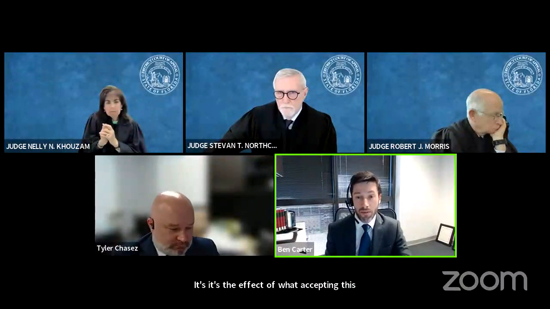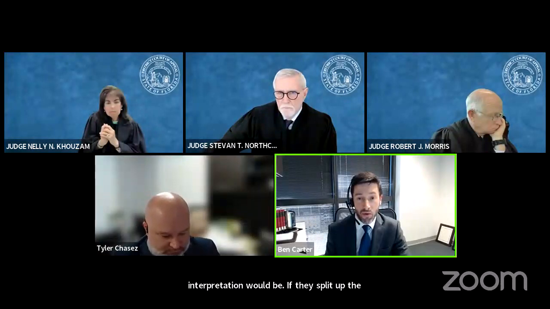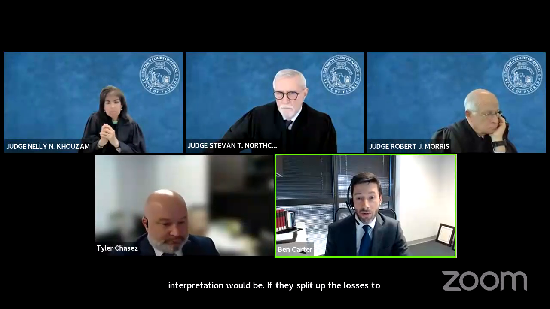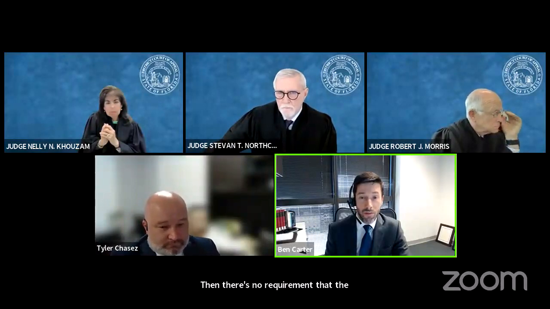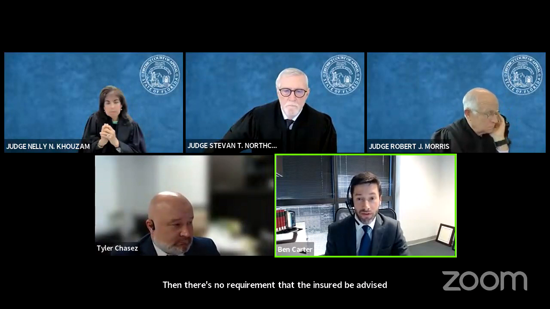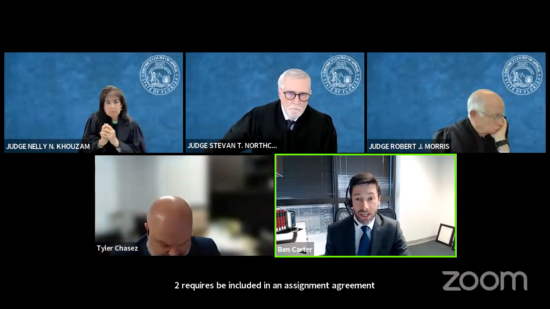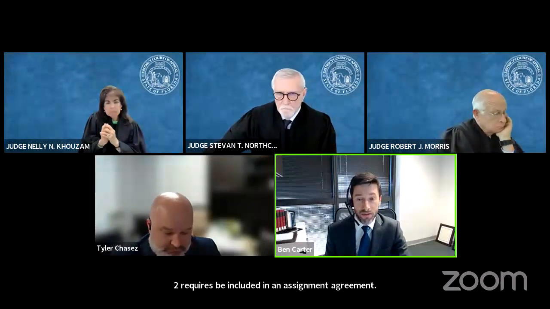If they split up the lawsuit to collect the benefits from who's actually performing the work, then there's no requirement that the insured be advised of all of the rights and obligations that 627-7152 requires be included in an assignment agreement. There's no indemnity protections for the insured that the legislature intended to provide.